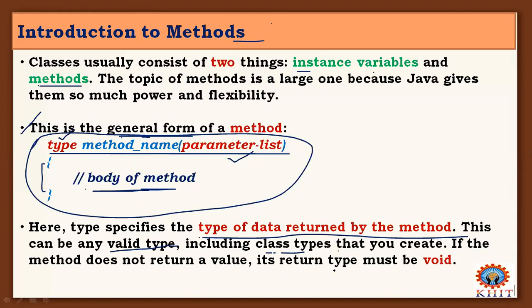When we return a class object as a value, then the method return type should be the class type that we create. If a method does not return a value, simply we define the return type of the method as void. Clear?